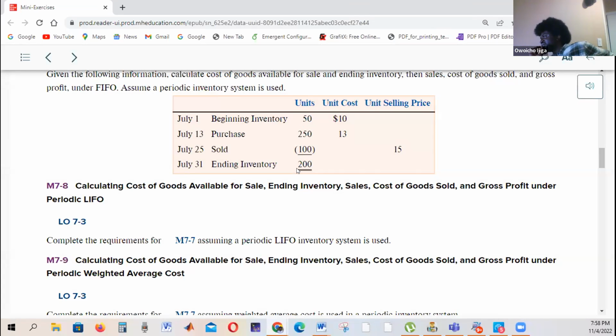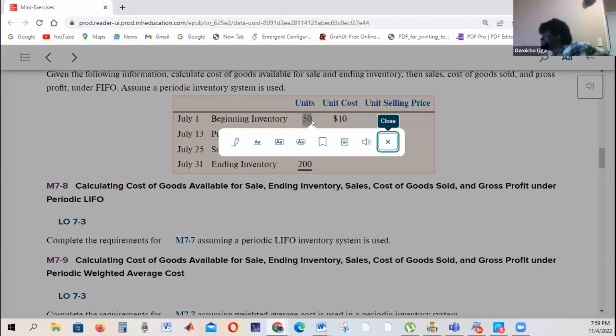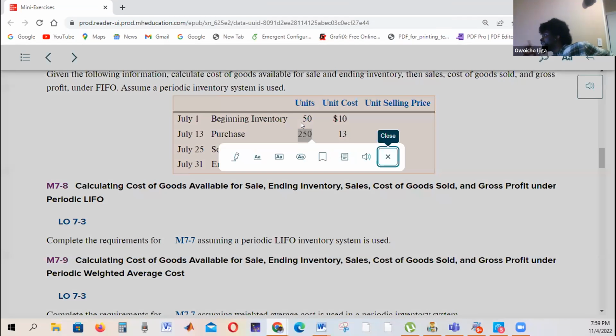I repeat again. FIFO: I sell 50 beginning inventory, and then sell 50 from purchase.